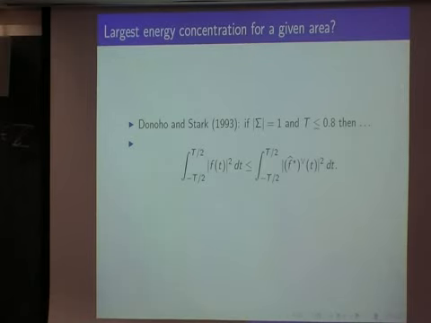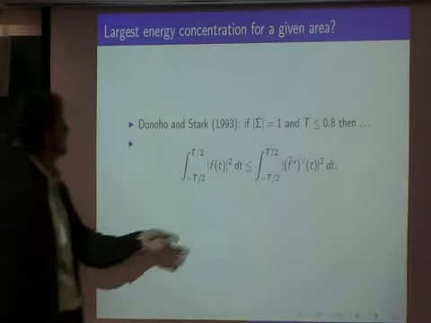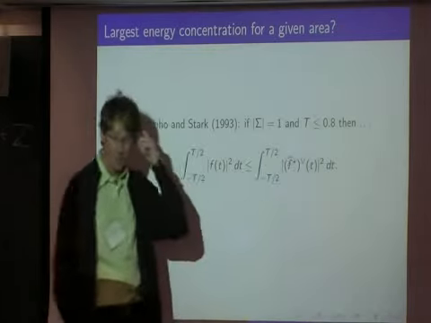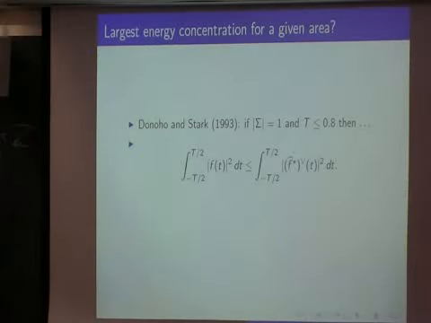But that's not a theorem. For T bigger than or equal to 0.8, it's not a theorem. In fact, the rearrangement method that Donoho and Stark use breaks down for larger values of T. So it requires a different method to prove this.